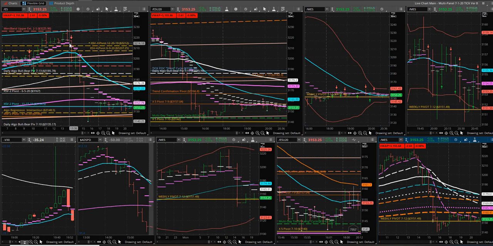This purple pivot is what I call the matrix pivot. If you've ever seen a cutaway of a nautilus shell, you see little chambers starting in the beginning, and as you go around those concentric circles, each chamber has the same mathematical relationship, the golden ratio.